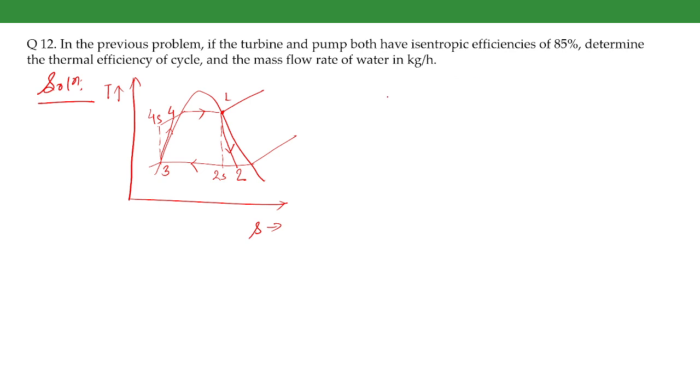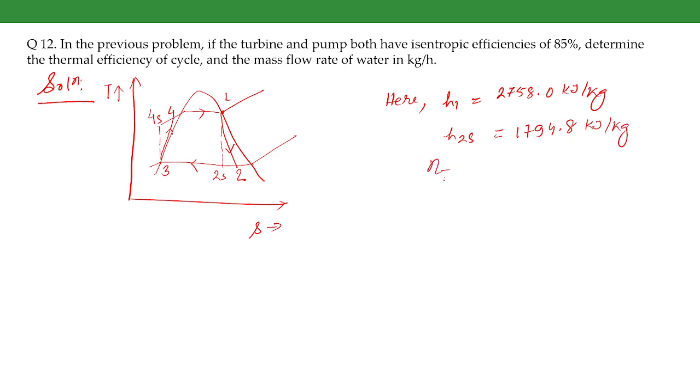Now from the previous problem we have already seen that H1 is 2758.0 kilojoule per kg. H2s, that is the enthalpy considering an isentropic expansion process, comes out to be 1794.8 kilojoule per kg.